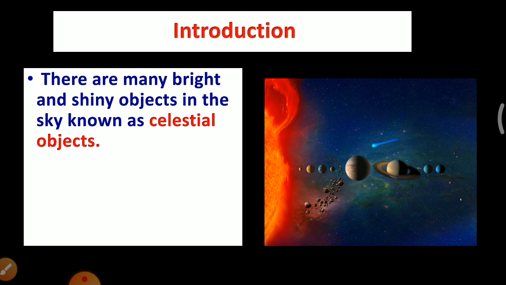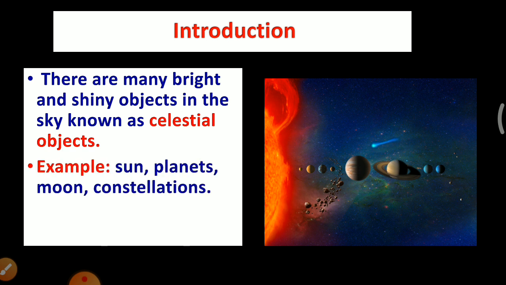So the objects present in the sky are called celestial objects. The examples are the sun, planets, moon, and constellations. These are examples of celestial objects because the sun, the planets, the moon, and constellations are everything present in the space.